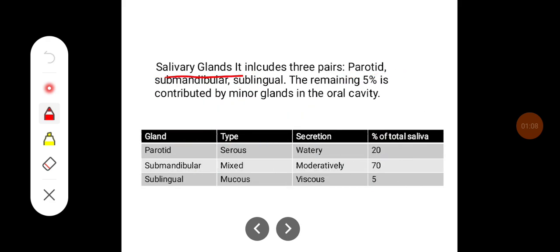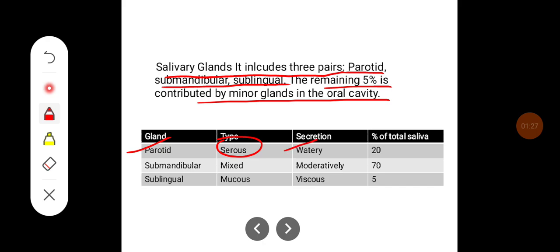The salivary gland includes three pairs, that is parotid, submandibular, and sublingual. The remaining 5% is contributed by minor glands in the oral cavity. The parotid gland's secretion is mainly serous and watery, and forms around 20% of the total saliva secreted.